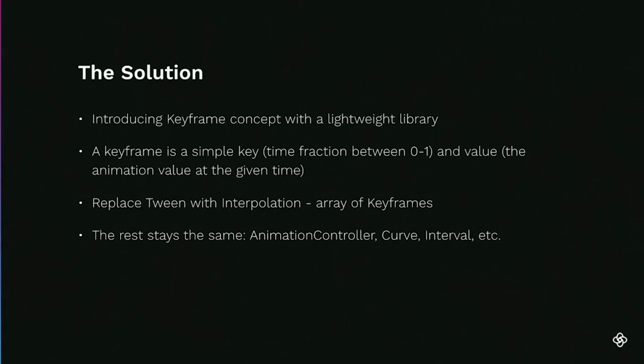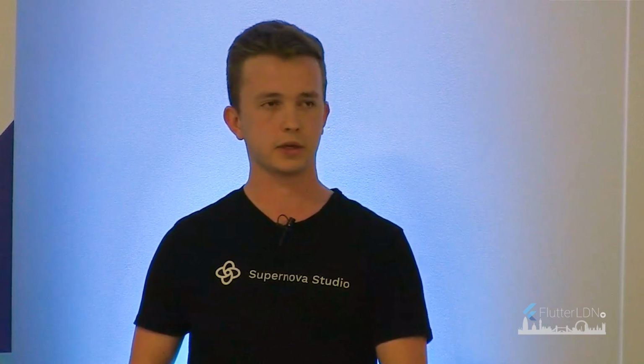And we also had to introduce the interpolation object, which is a replacement for a tween. Instead of just defining the begin and end, with interpolation you can define an unlimited number of keyframes placed into the keyframes array. And since the interpolation object uses the same interface as the tween, the rest stays the same.